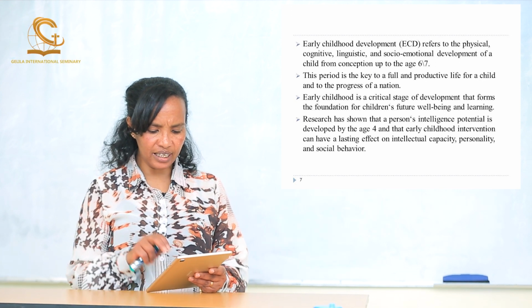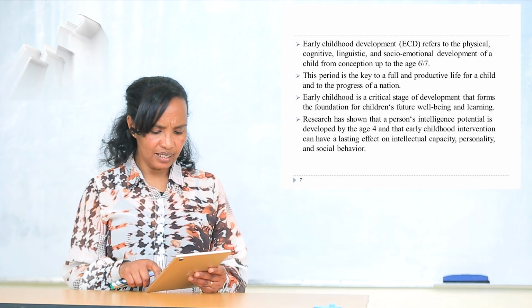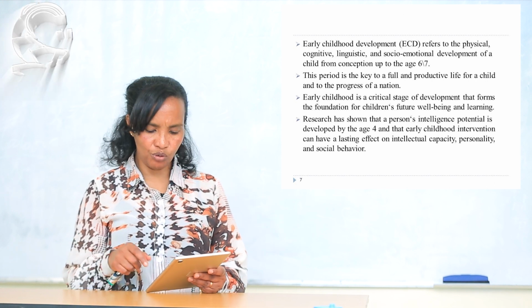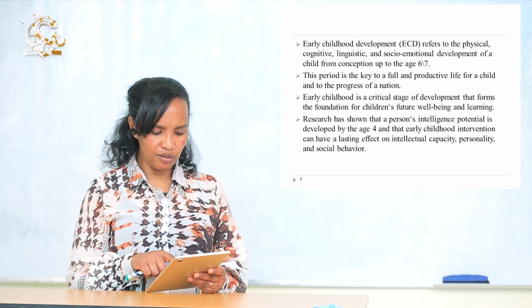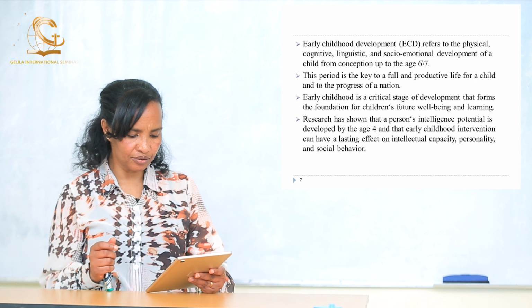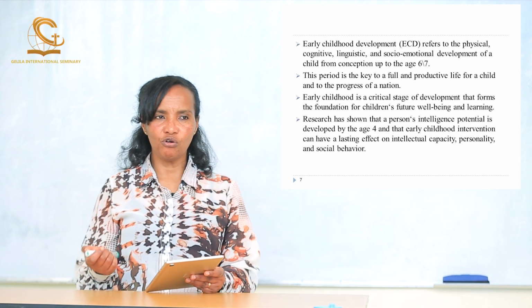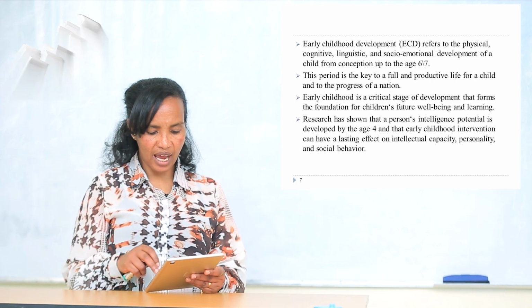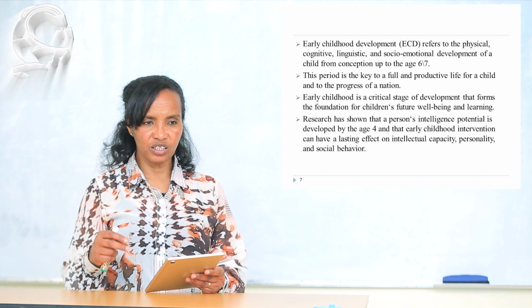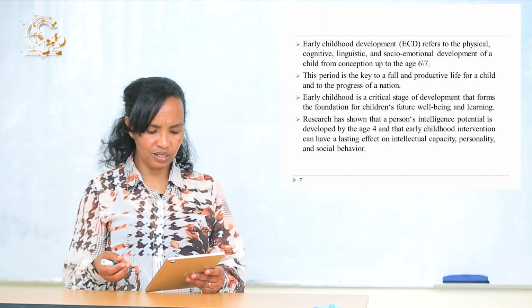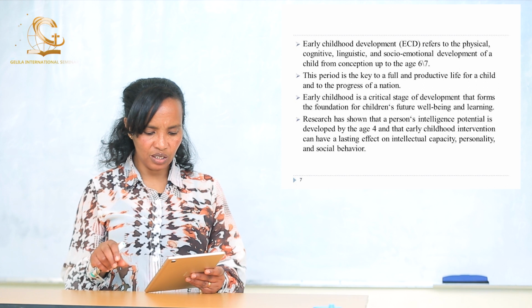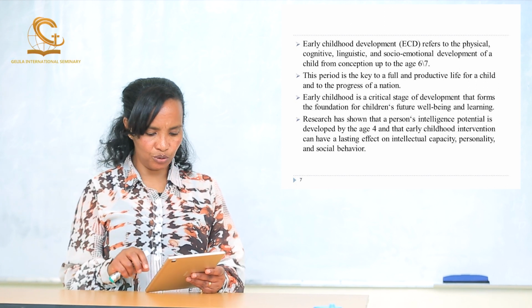Early childhood is a critical stage of development that forms the foundation for children's future well-being and learning. So we mainly focus on childhood. Childhood is one of the stages of development. So this course gives emphasis to childhood.